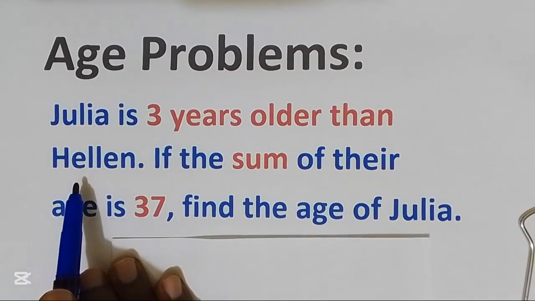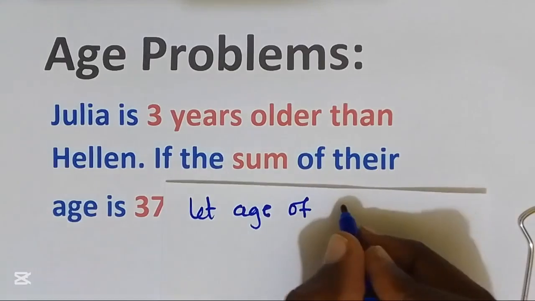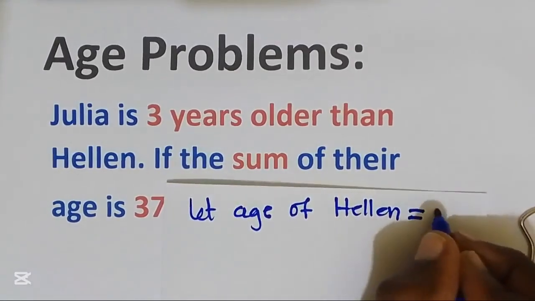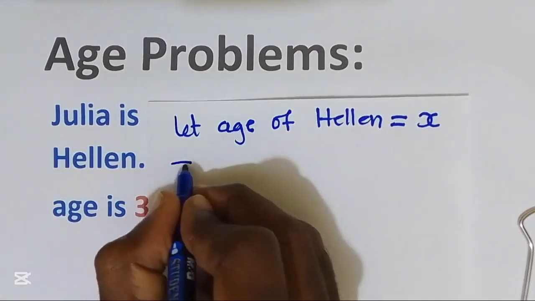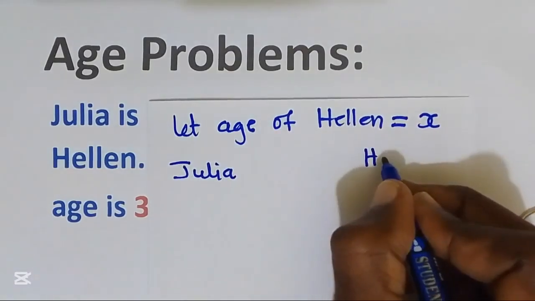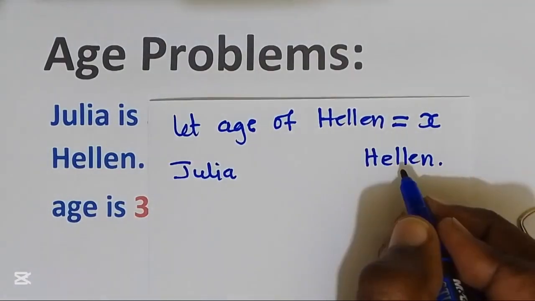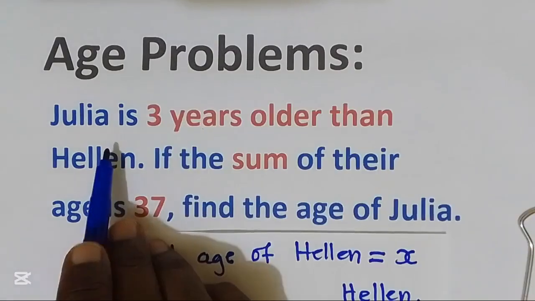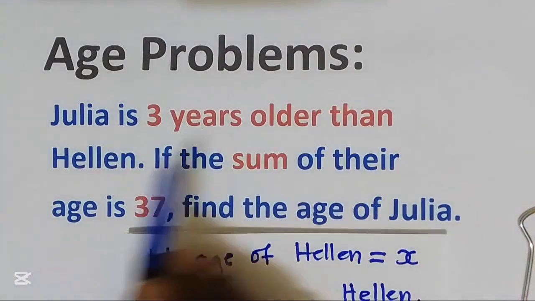equal to x. Let the age of Helen equal to x, and we are talking about Julia and Helen, and we let the age of Helen equal to x, and they tell us Julia is 3 years older than Helen.